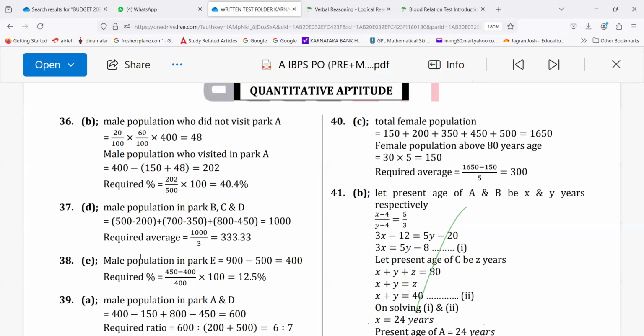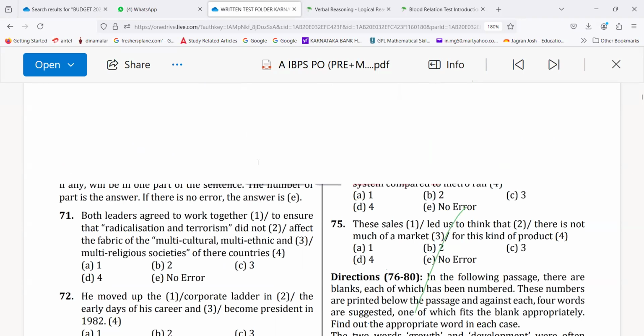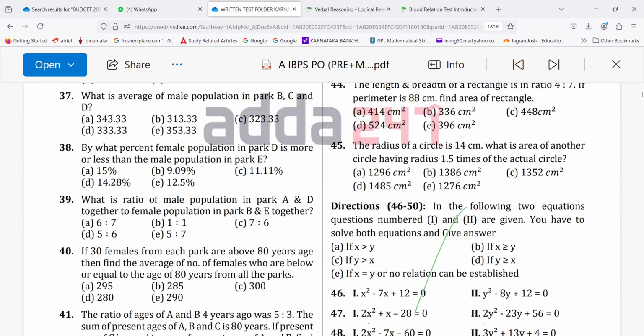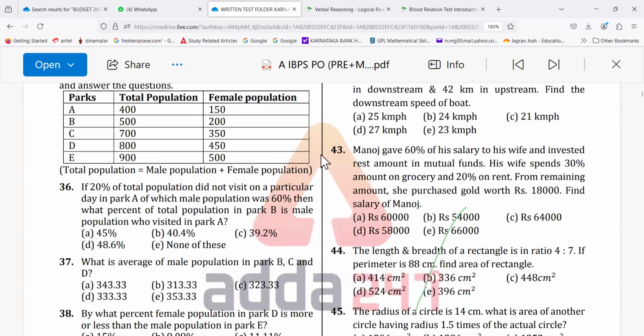So we get 48, and we deduct it from the total male population, which is 250 in Park A. Then we get 202, which is the male population present in Park A. So 202 divided by 500.